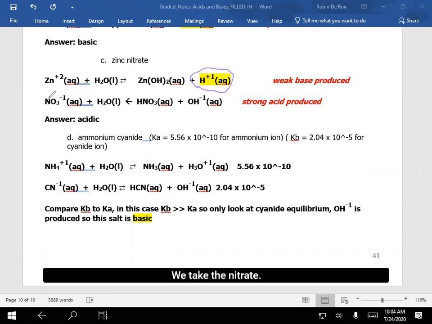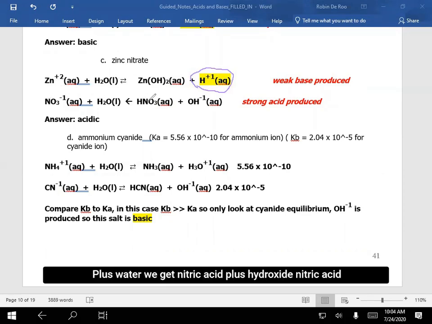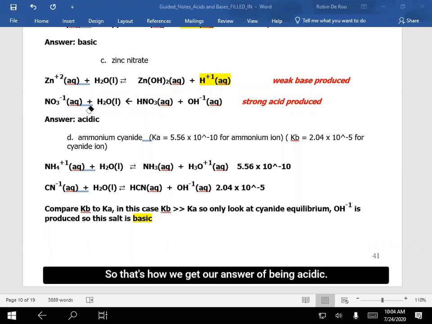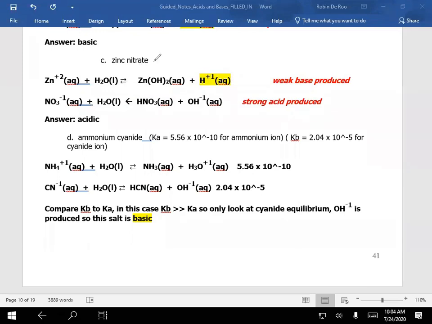We take the nitrate plus water, we get nitric acid plus hydroxide. Nitric acid is a strong acid, so we're going to go backwards this way. And so we really just have water. So we have hydrogen ion that's in water. Hydrogen ion is acidic. So that's how we get our answer of being acidic.